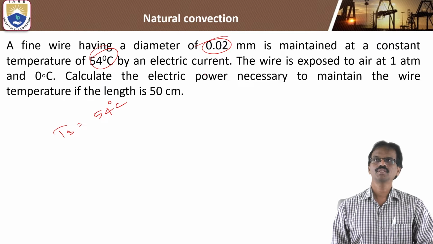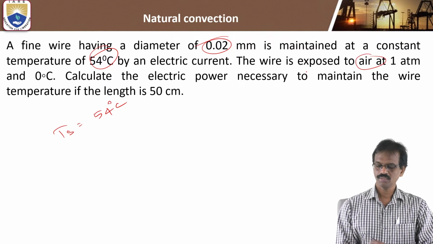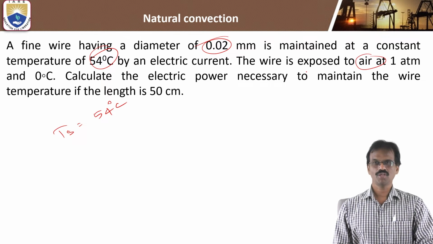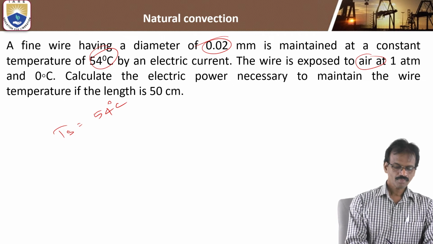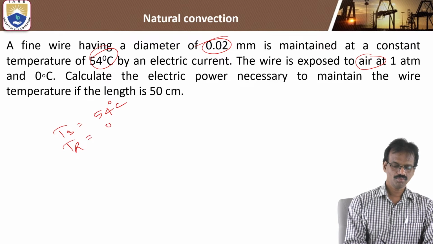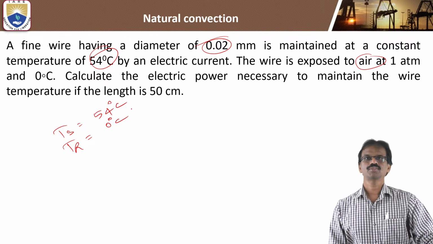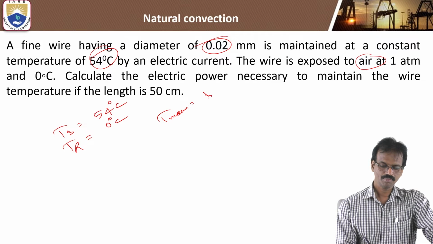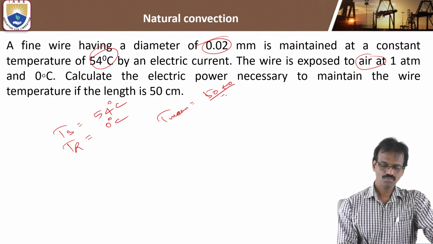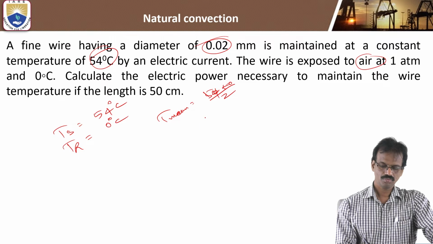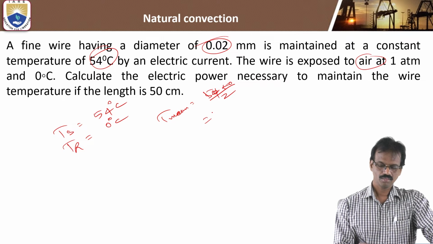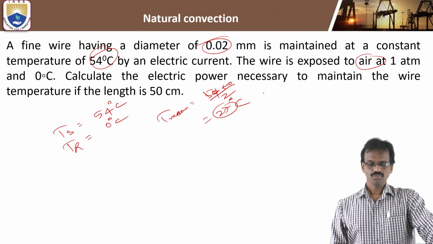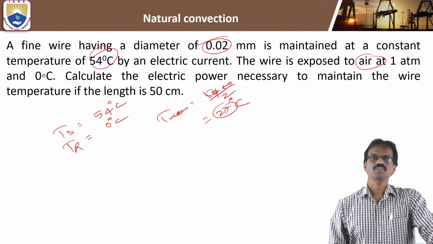The wire is exposed to air atmosphere, the pressure is equal to 1 atm, and the temperature of the air is equal to 0 degrees Celsius. So you have to find out T mean, which is equal to 54 plus 0 by 2, that is 27 degrees Celsius.